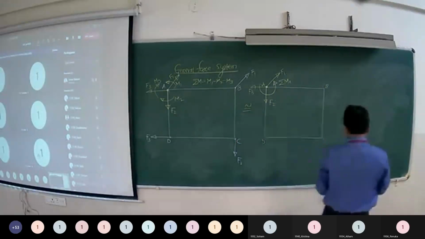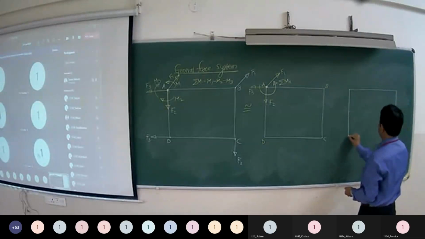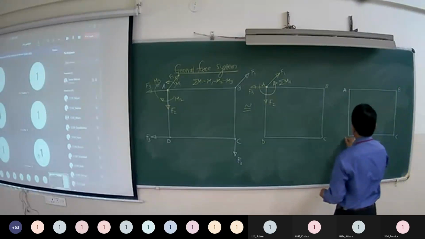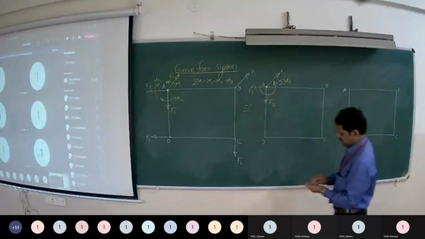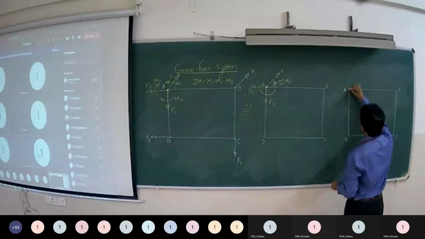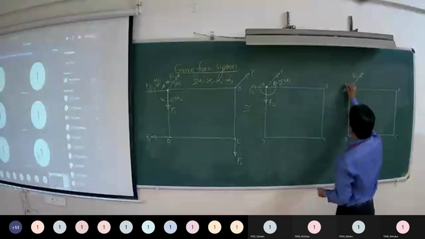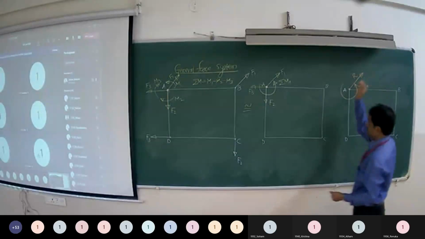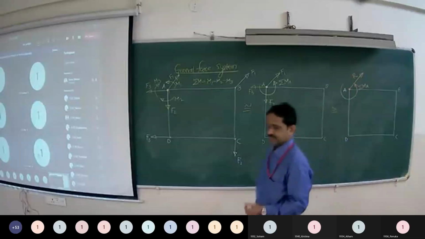So in the third step, now A, B, C, D. I am replacing F1, F2, F3, these three concurrent forces with a resultant force, say R. There is a resultant moment also, summation MA. So again, these two systems are equivalent. Understood?